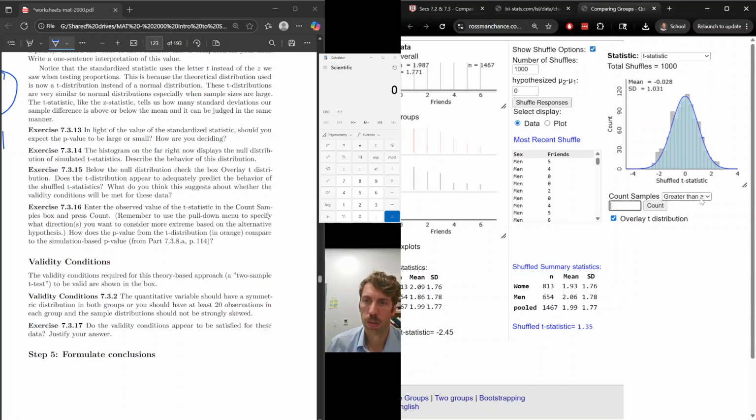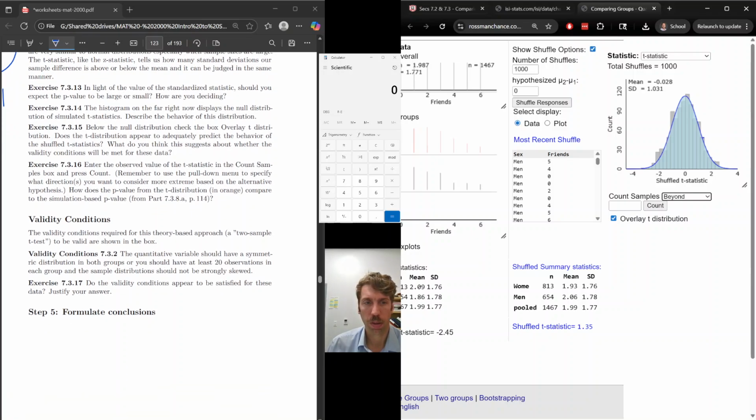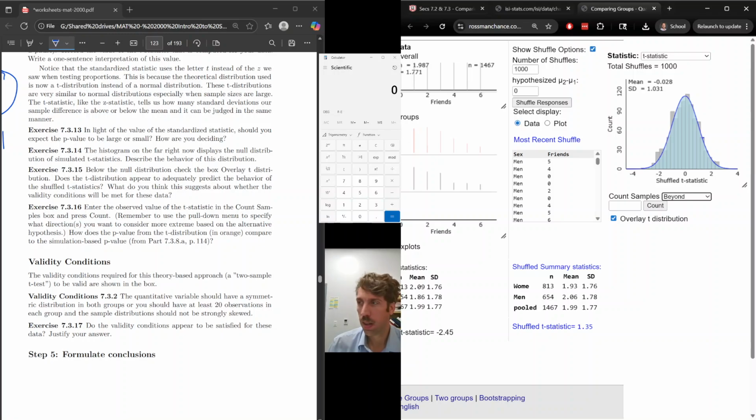You might want to do beyond if that matches your hypothesis. And then how does the p-value from the t-distribution compare to the simulation-based p-value? Okay, so hopefully they're fairly similar. And that's because our validity conditions should be met here.